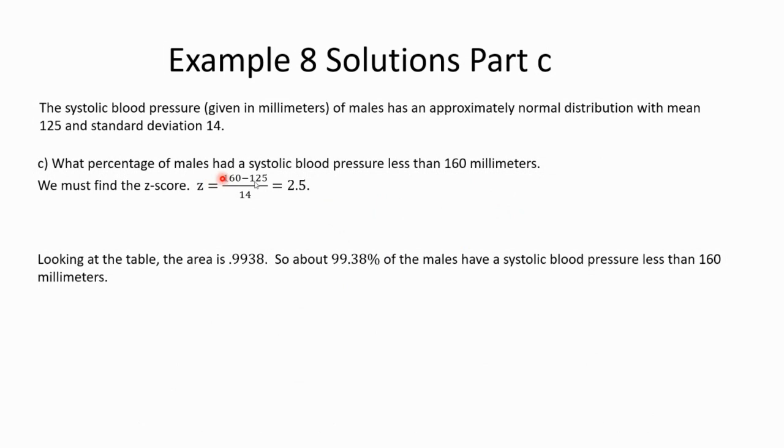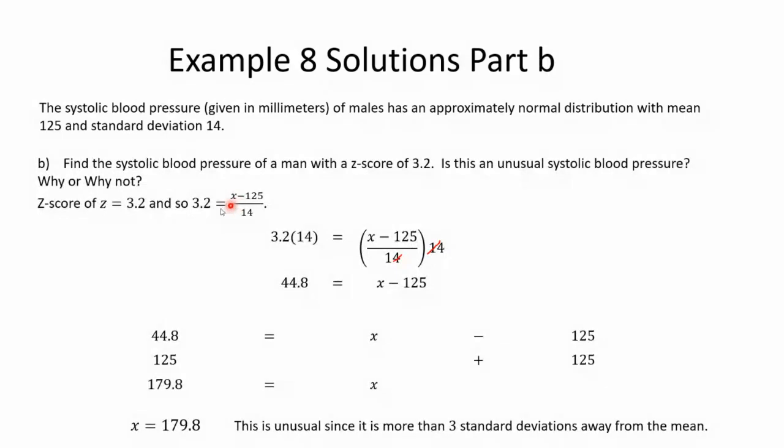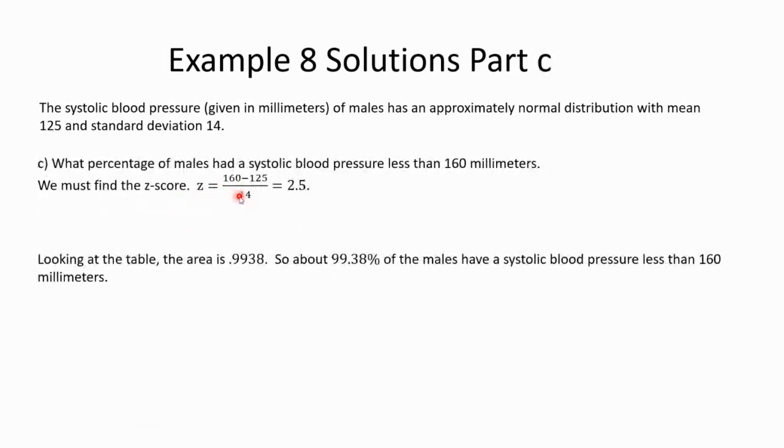Just like before, we get the z-score, right? So here we don't know z, but we have x. Right here we didn't know x, we had z. Well, here we're basically switching roles in a sense. We have 160 minus 125 over 14, right? And that turns out to be 2.5. So the z-score is 2.5.